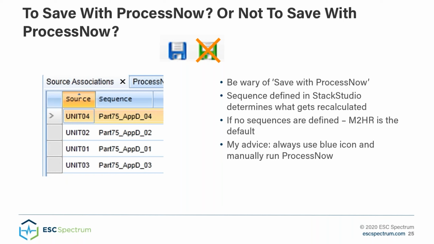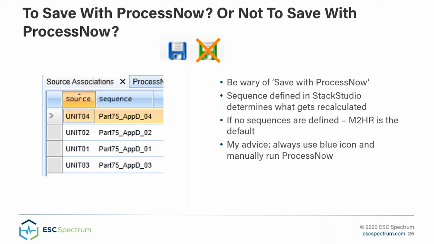And so I would just say be very wary of using Save with ProcessNow, because when you make an edit with your data and you choose to save with ProcessNow, it automatically kicks off a ProcessNow sequence. And that might not necessarily be the one that you want to run. And you could recalculate some data that you don't necessarily want to recalculate.